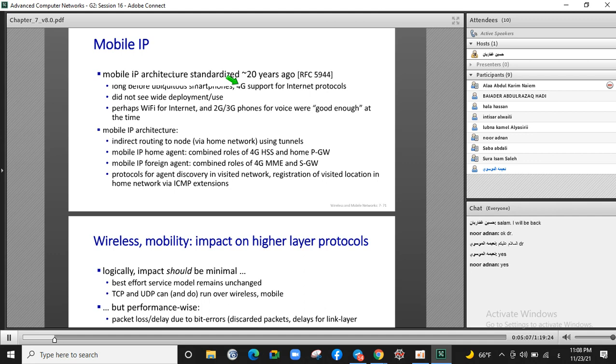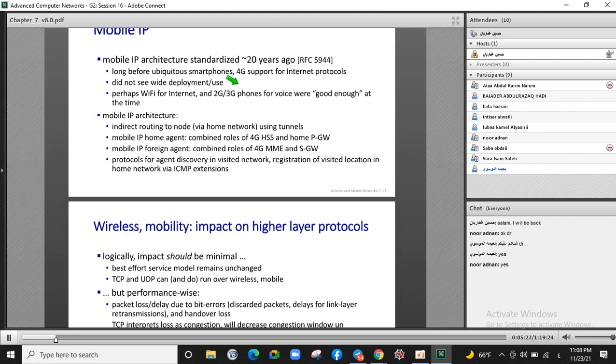And also in 4G, the backbone of the network is IP. When we talk about a 2G network, the backbone is completely telecommunication network protocols. Even in 3G, most of the backbone is still telecommunication protocols.